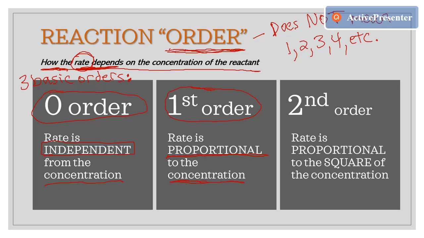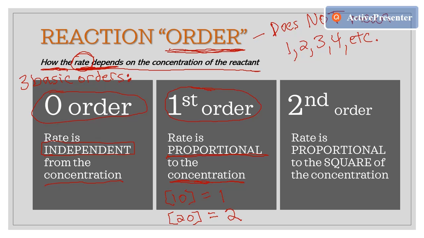So if we've started out with 10 moles of molecule A, so I'll put in here brackets 10, then the rate is going to be something, I don't know, I'll just say 1. But if we start out with 20 of molecule A, the rate could be 2.